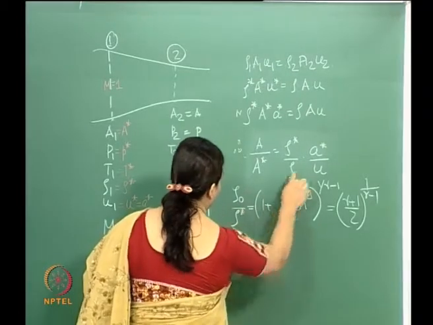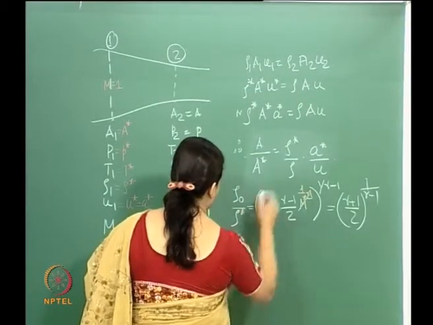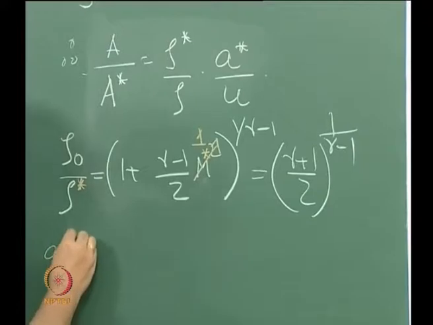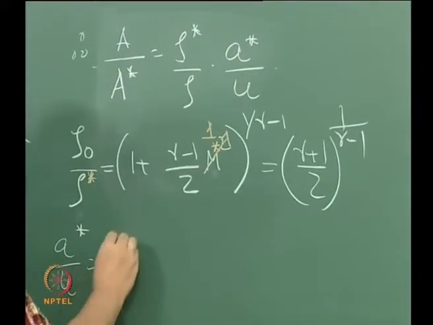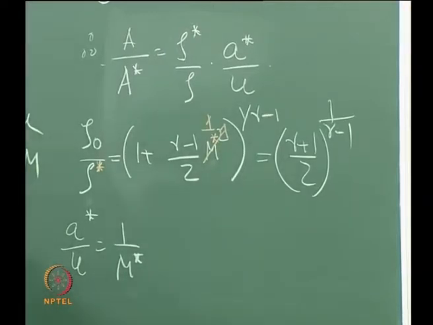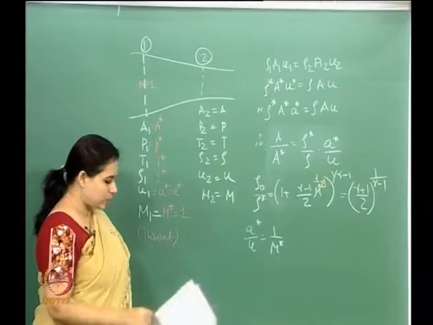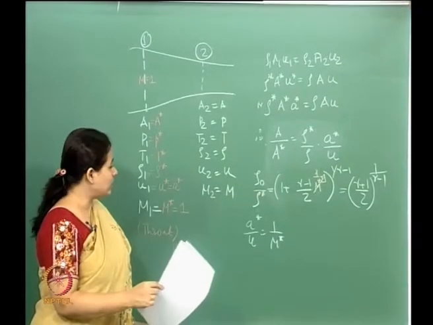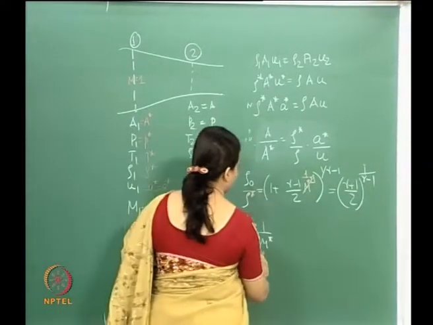And then, now here you can clearly see that A star by u is equal to 1 by M star, isn't it? This is 1 by M star, and we also have this M star.